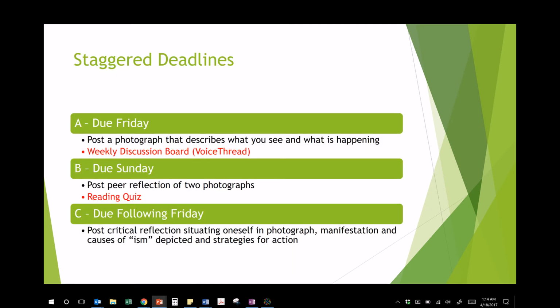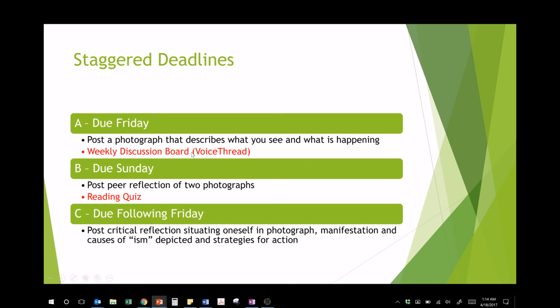So in order to really support the critical reflection required for the Photovoice journal assignment, 2 other assignments were staggered. The deadlines were staggered around it. So in line with the photograph posting, the weekly discussion board was completed on VoiceThread. This weekly discussion board was essentially a chance for students simply to reflect on their personal experiences and their personal upbringing, their personal socialization related to each topic.